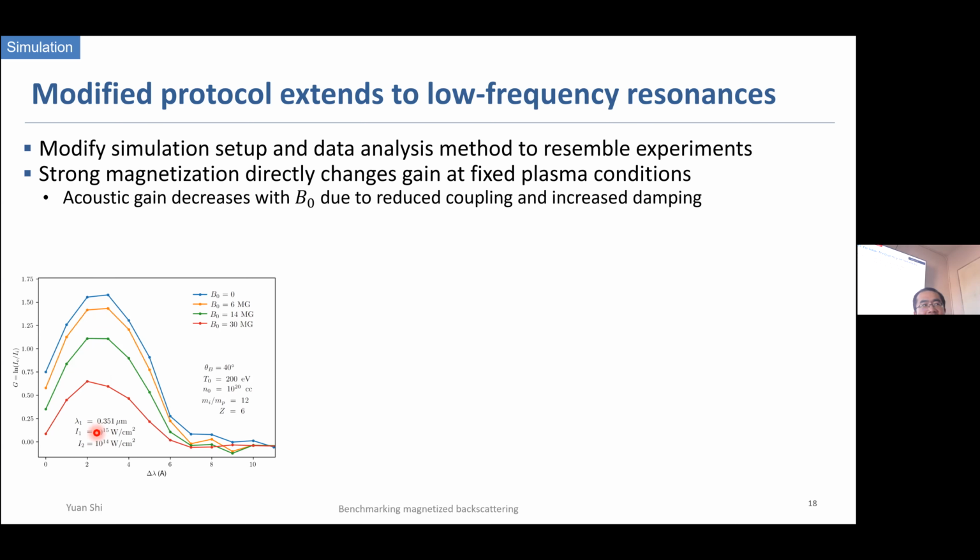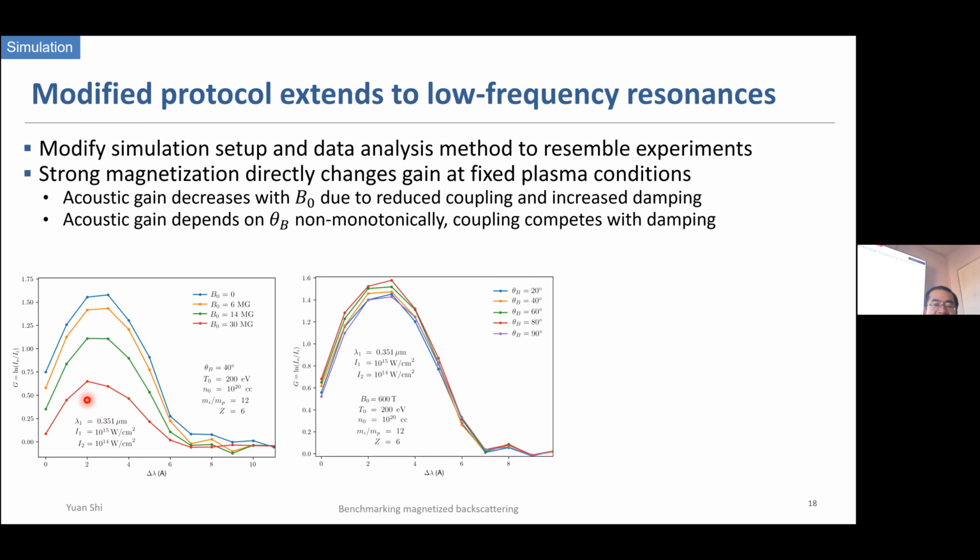So you imagine it becomes harder to compress both the thermal pressure and the magnetic pressure. So intuitively, you would expect the coupling to become weaker because it's harder to move stuff. But there is another thing: the damping also increases as you try to compress the B fields. So both effects work in the same direction, namely to reduce the coupling.